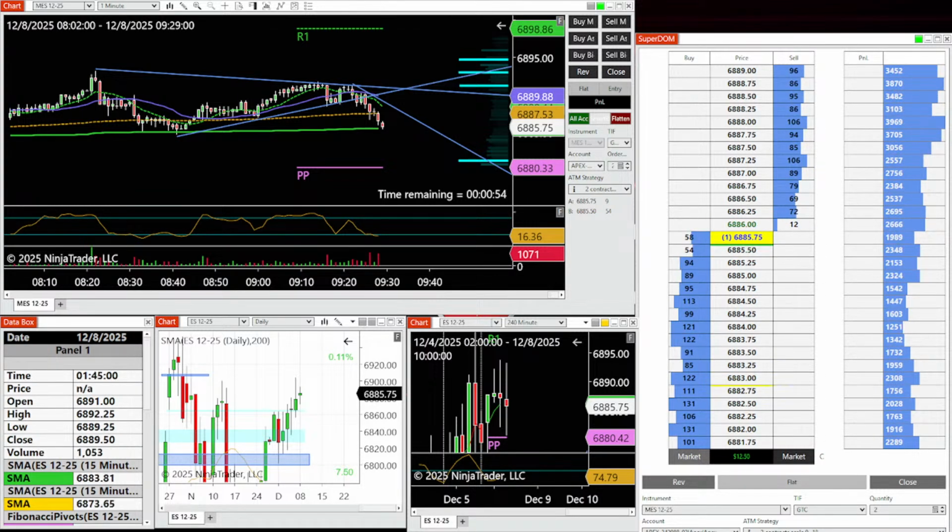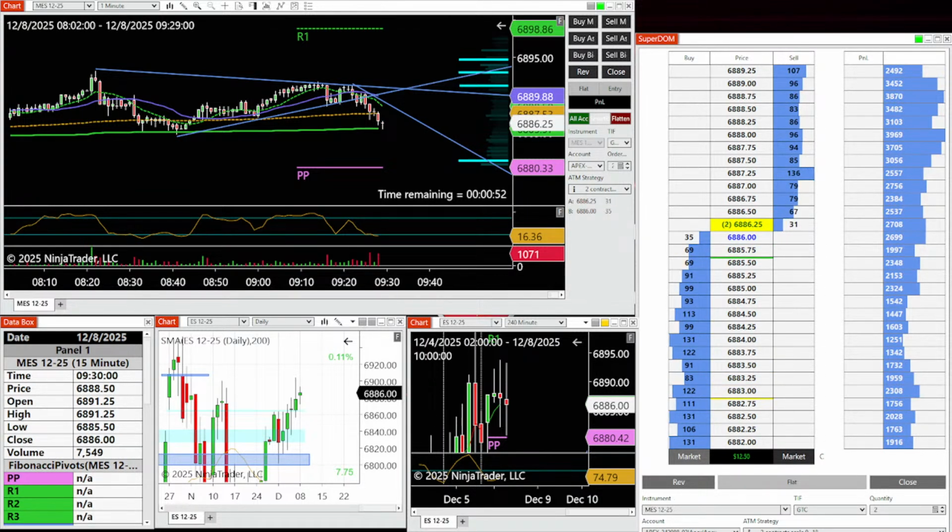Price is pulling back right before the opening. About 2 minutes for the opening. Price is pulling back.